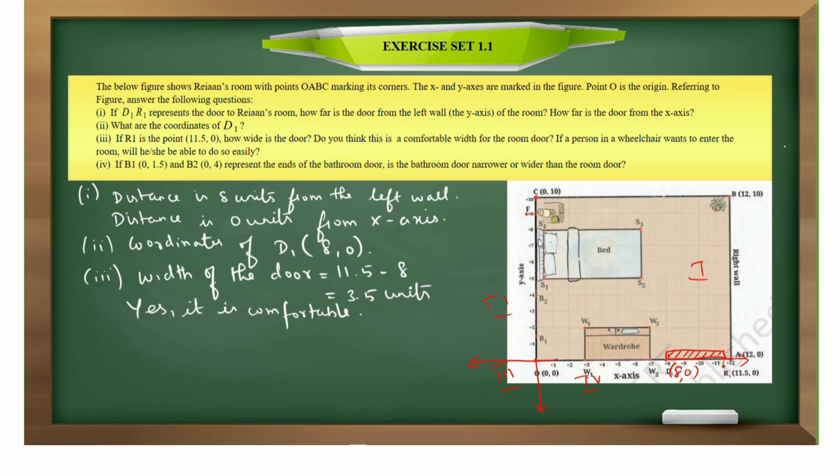The width of this bed is 3 units, so definitely the wheelchair is going to be less than 3 units. So obviously, yes, a person in a wheelchair can enter the room comfortably.